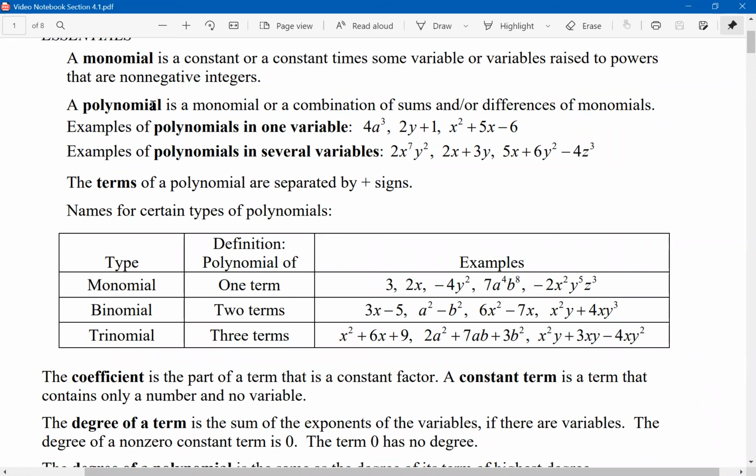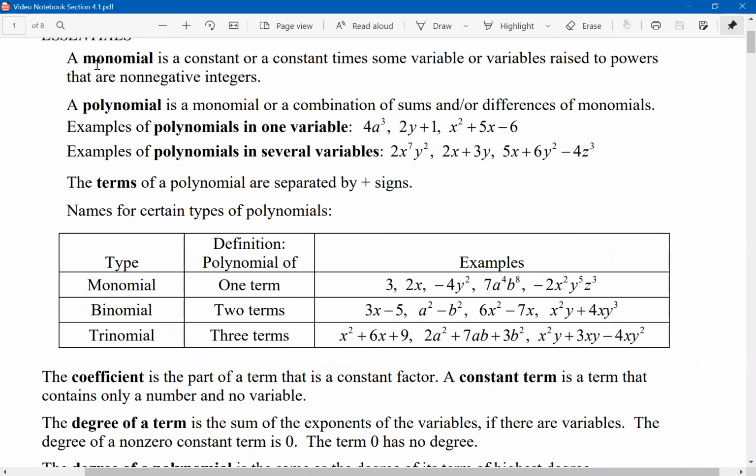A polynomial has many terms. So poly means many. So again, a polynomial is a monomial or a combination of sums and or differences of monomials. So the word polynomial is more of a broad term, a broad vocabulary word.